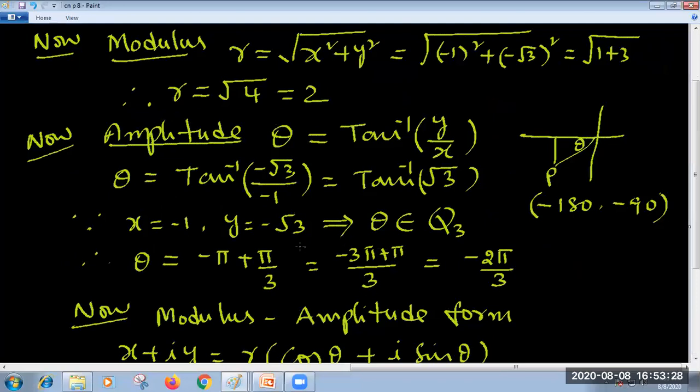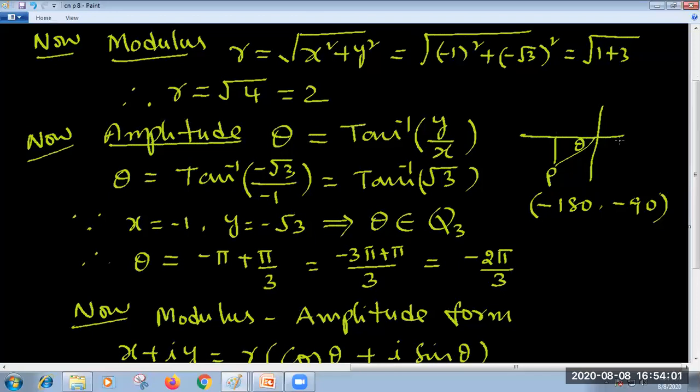So depending on the point, the angle belongs to the third quadrant in this case. So we have to find the angle which is in the third quadrant and satisfying the given conditions. Remember one thing, the angle should be between minus 180 and plus 180. The first quadrant is 0 to 90, second 90 to 180.